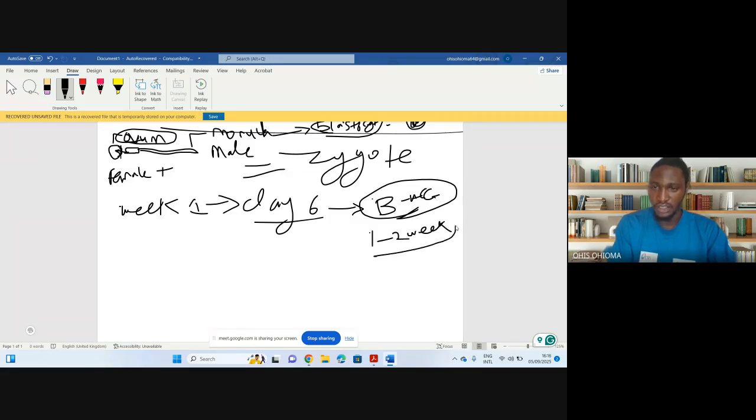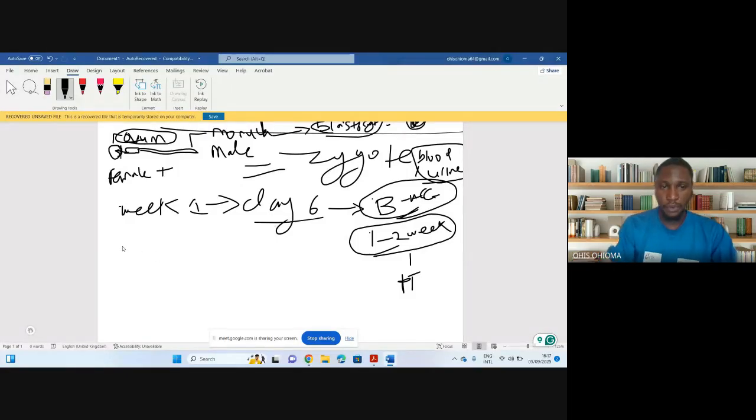That's why when you do a pregnancy test for a pregnant woman, you discover a positive result, because the test is trying to detect the level of beta HCG. You would see it more in the blood first before the urine. So the point here is that by day 6, the beta HCG is produced in an amount that is almost recognizable.